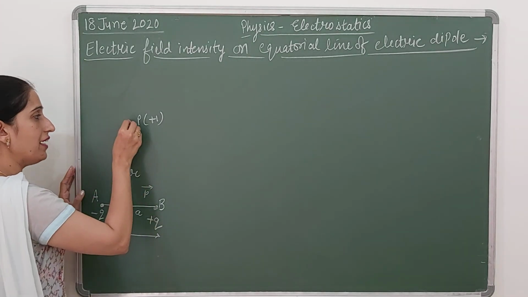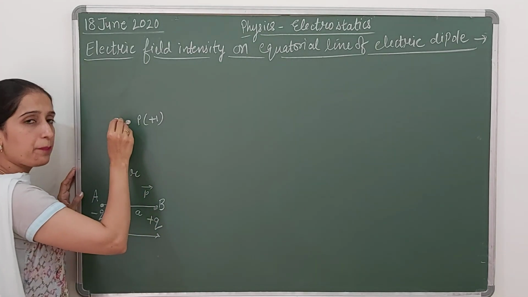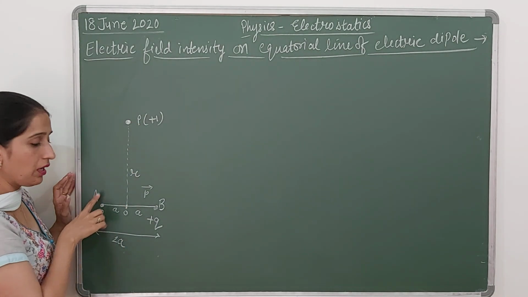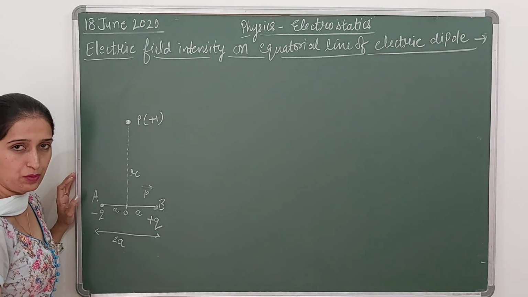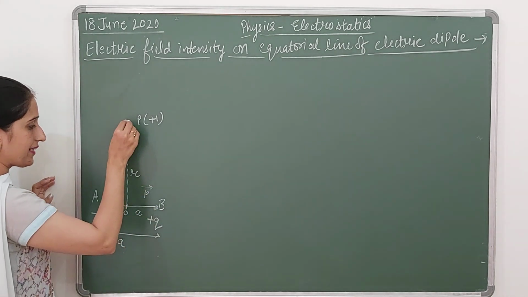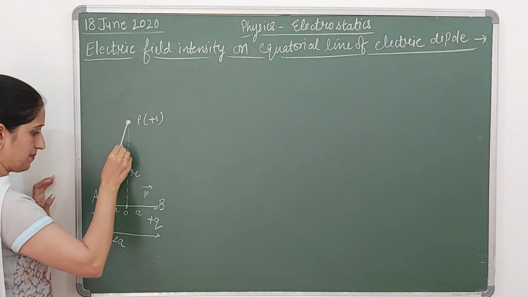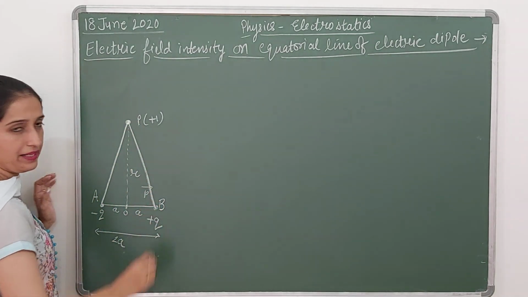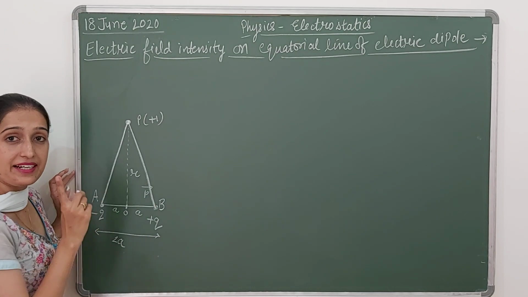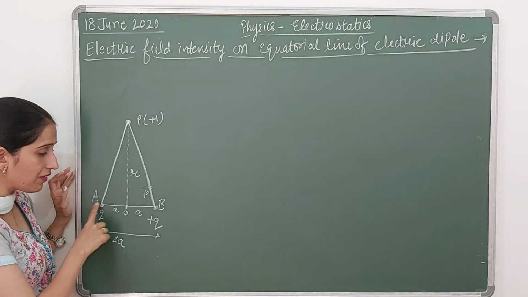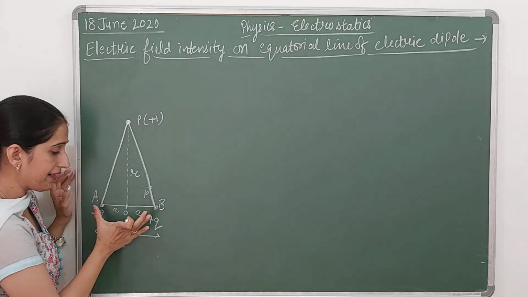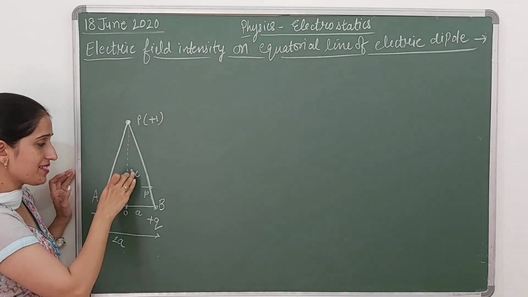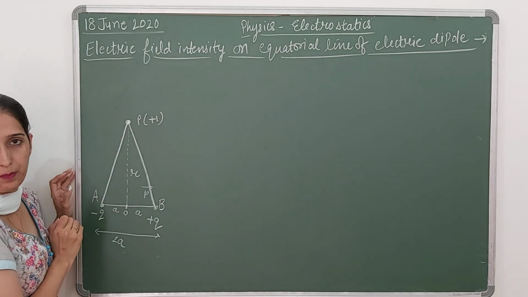So the electric field intensity at this point P is due to two charges, the negative charge of the dipole and the positive charge of the dipole. Let's join these two lines, A to P and B to P. AB is the electric dipole, two equal and opposite charges separated by a distance 2a, and P is at a distance r from the center of the dipole.